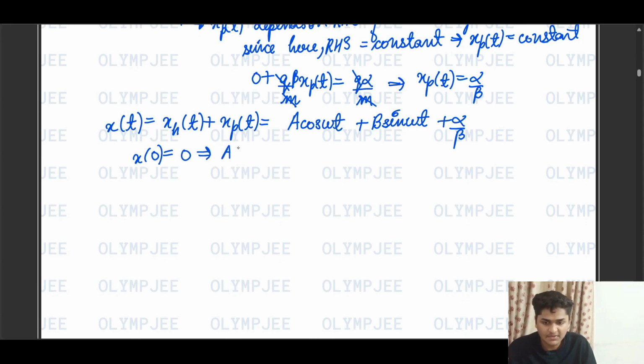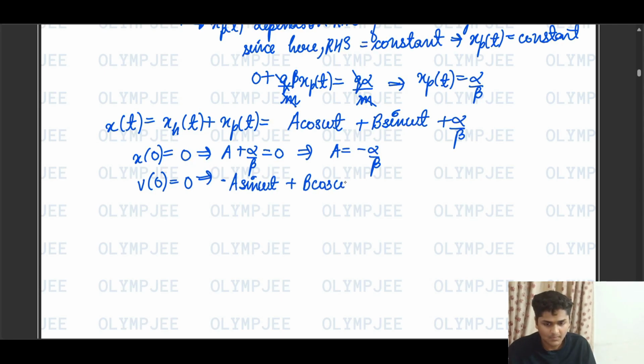This will imply that a plus alpha by beta is equal to 0, which will give us a is equal to minus alpha by beta. Now the particle was at rest at t is equal to 0, so velocity will be 0. So this will become, so this implies that b is also equal to 0, right?